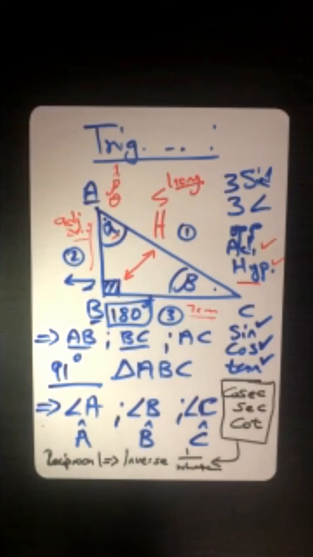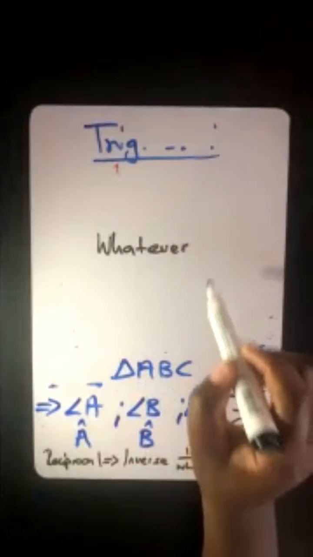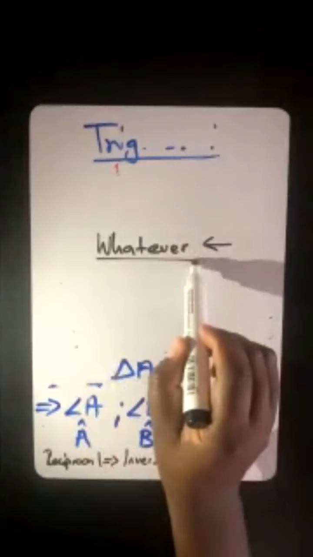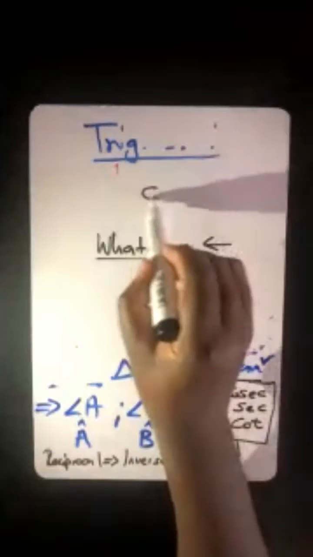So let me try to explain again just to make sure it makes sense to everyone. Guys, this is whatever. What is the reciprocal of this thing? The reciprocal, or the inverse, of this thing is 1 over whatever. Why did I say whatever? Whatever could be cos.